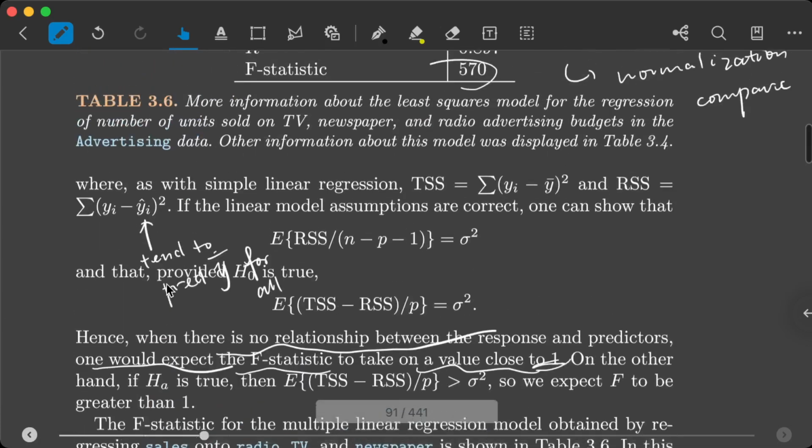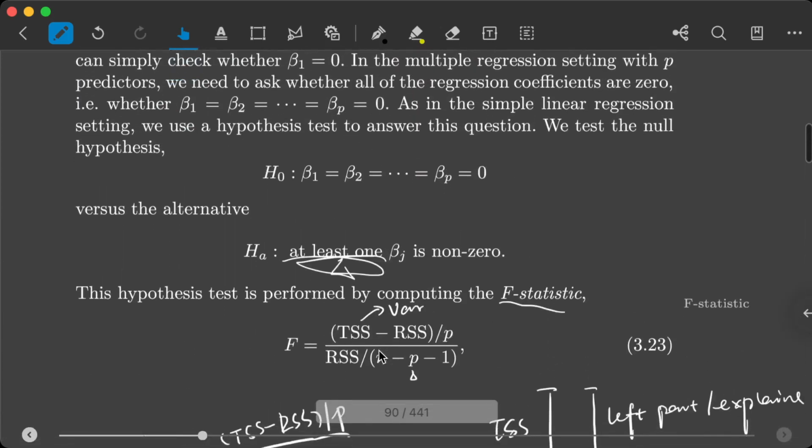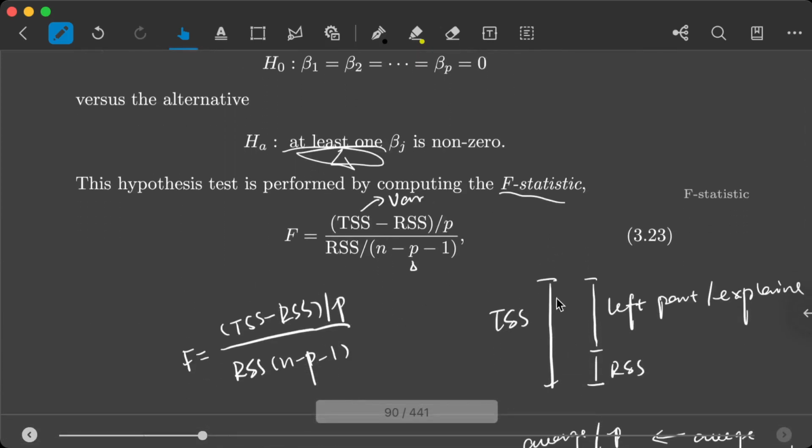So the residual sum of squares does not handle it, because it does not have a normalizer to help it scale to a good value scale. That is what we have TSS for.